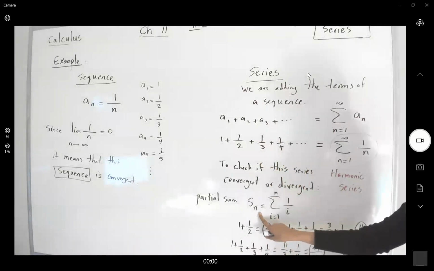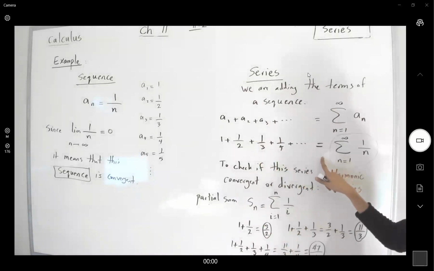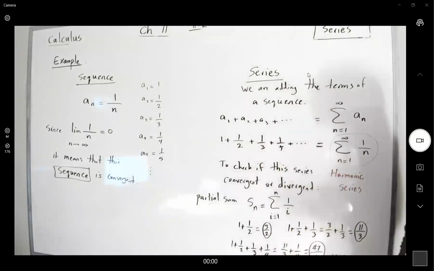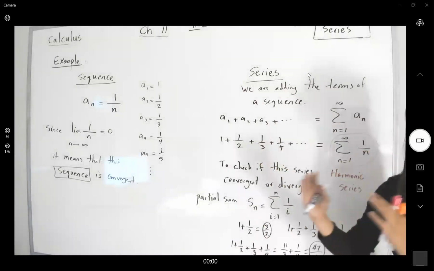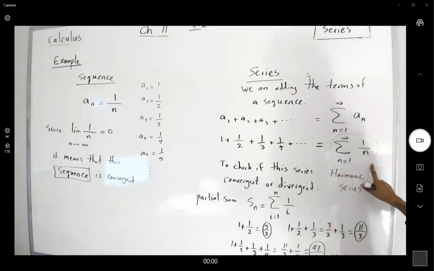Since S of n is not convergent, the series is not convergent. You can continue this process. You can add the rest of the terms, the rest of the partial sums, and check the relation between them. These partial sums are getting larger and larger. So it means that this is a divergent series.